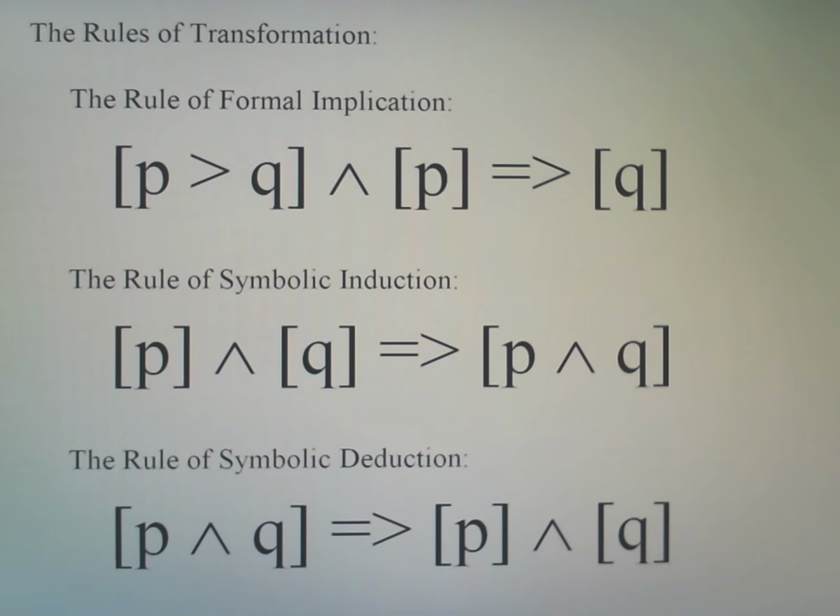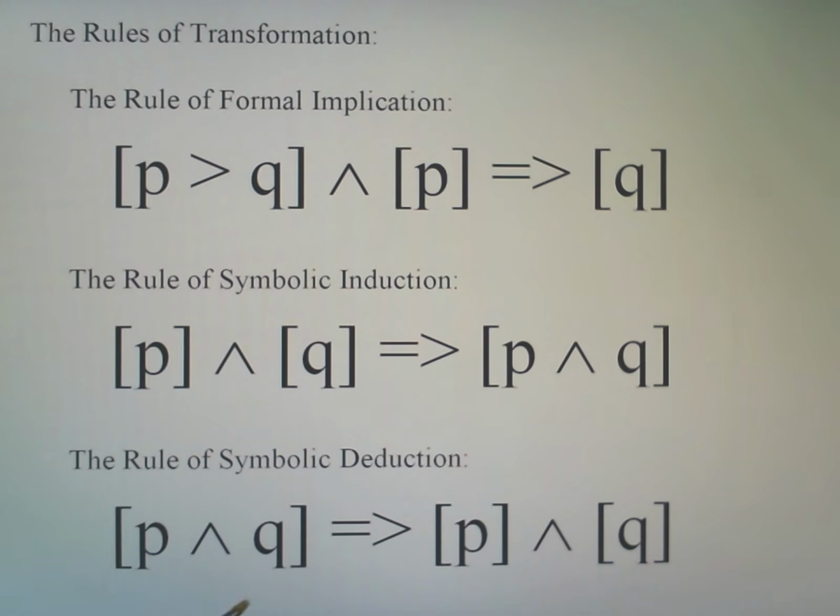And so if we have a line, for instance, like P, and it's assumed to be true, and assume Q is true on a different line, you can create a new line that uses the conjunction of P and Q, and again, this will necessarily be true. In other words, this follows necessarily from this because each of these are true separately, and so they will be true in combination with and.